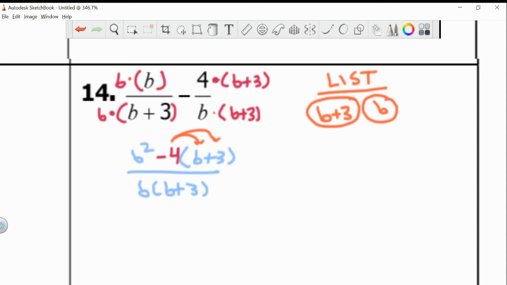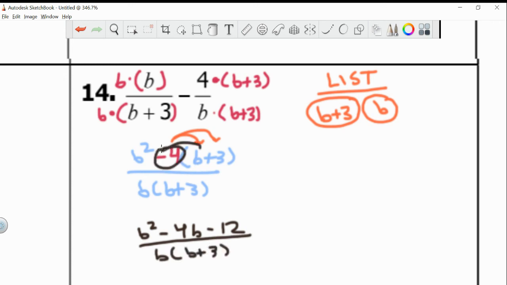We're going to get b squared minus 4b minus 12 over b times b plus 3. That's a minus 4 and a minus 4. And now we've sorted out all the algebra.